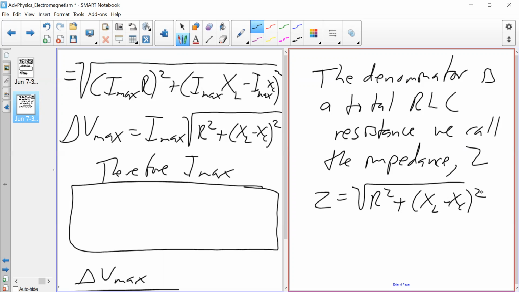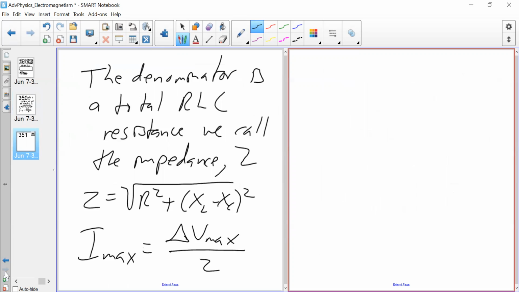And we can just generalize the I max by saying delta V max over Z, because we had omega L for the inductor, 1 over omega C for the capacitor, and now Z just for the R, L, and C. So this is the AC equivalent of V over R, Ohm's law.